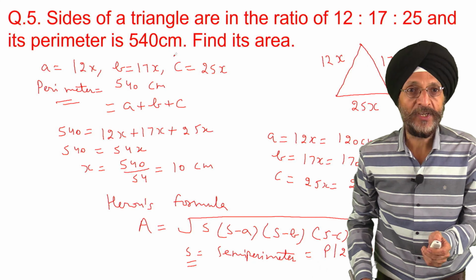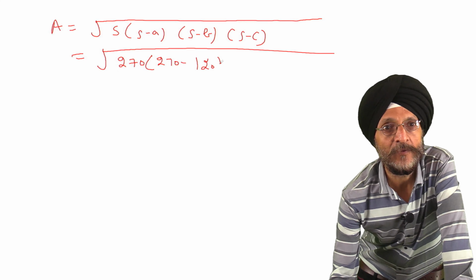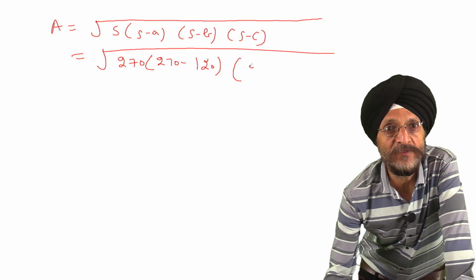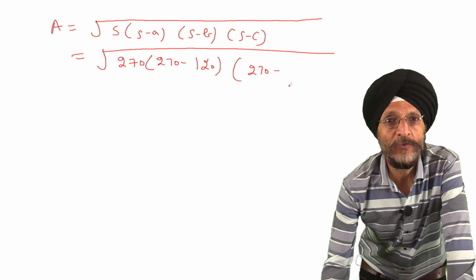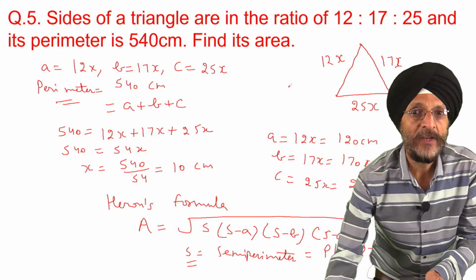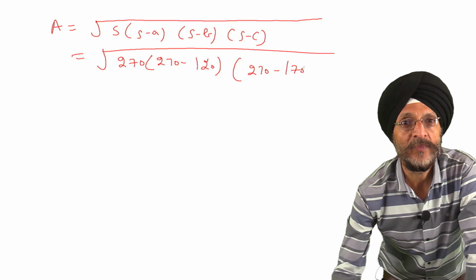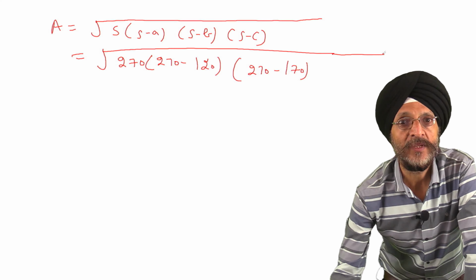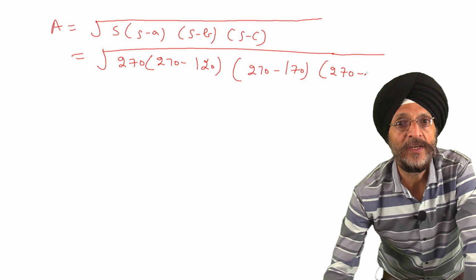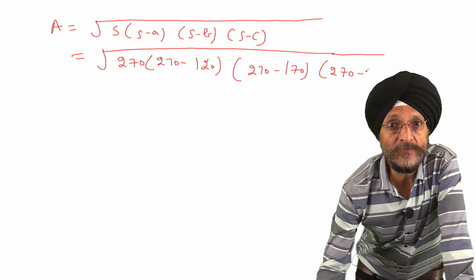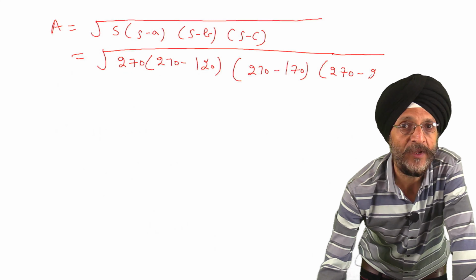A is 120. What is the value of S? 270. What is the value of B? Value of B is 170. And what is the value of C? It is 250.